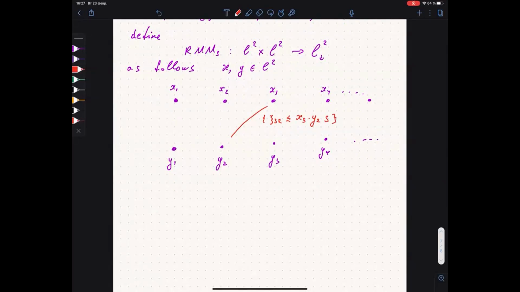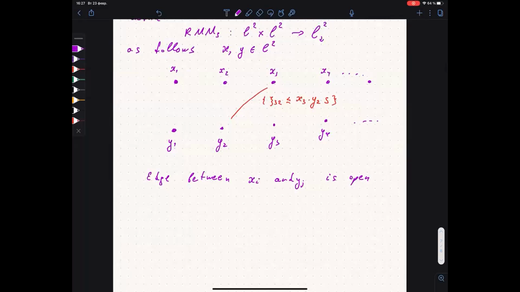Again, the edge between x_i and y_j is open for all omega for which that is satisfied.